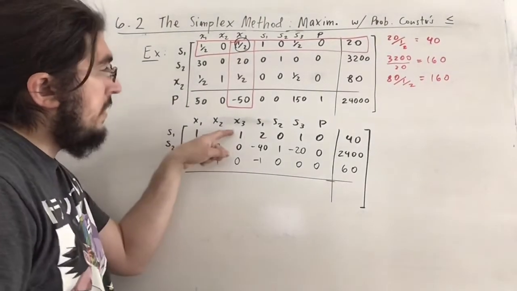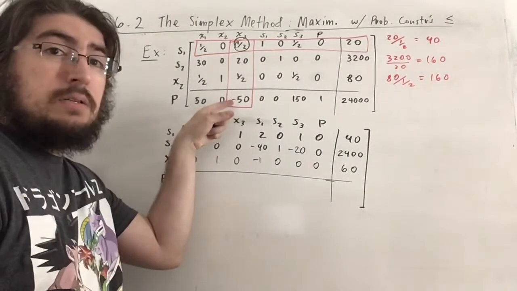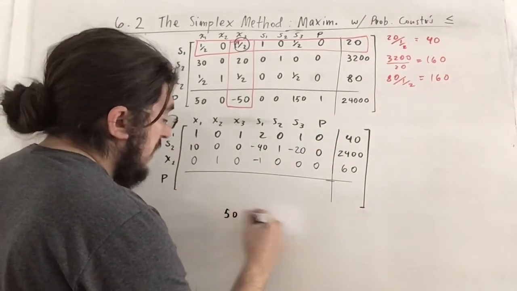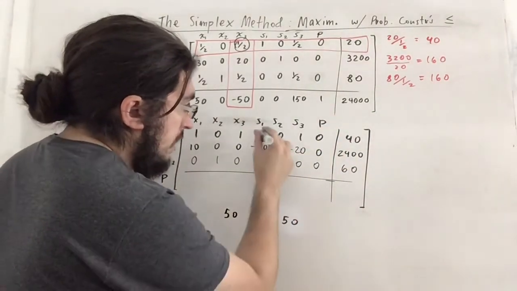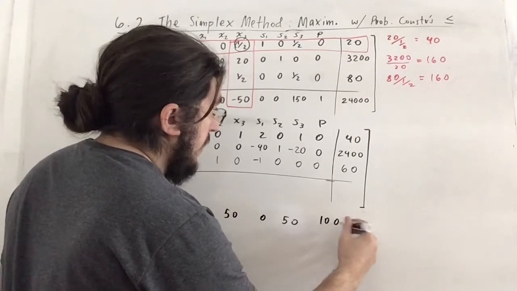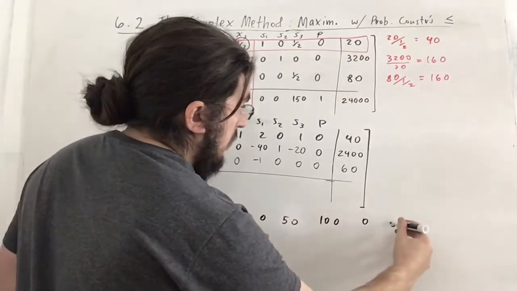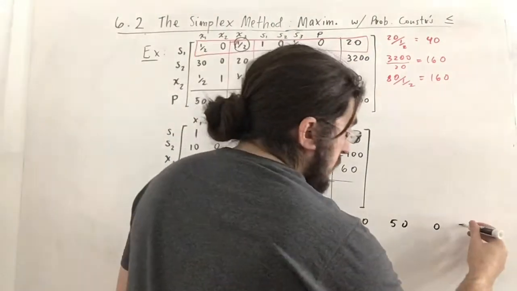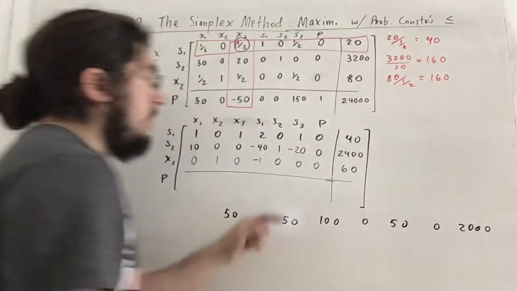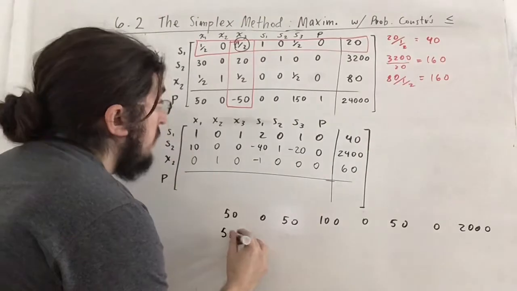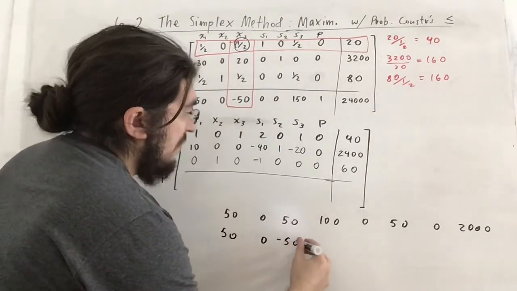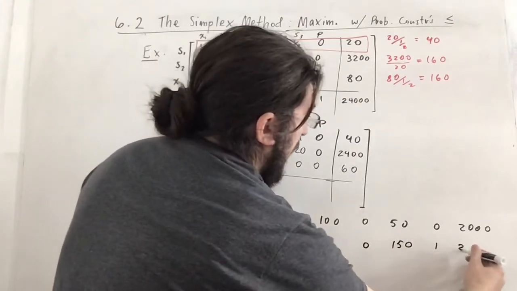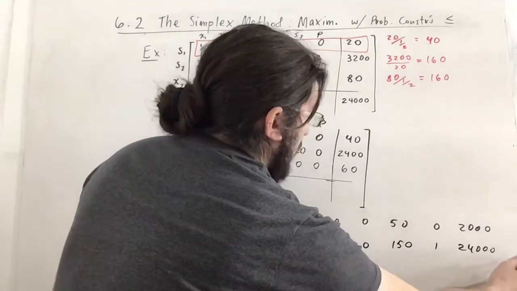Multiplying this 1 by 50 will allow us to cancel this negative 50 here. So multiplying the top row by 50 will give us 50, 0, 50, 2 times 50 is 100, 0, 50, 0, 50 times 40 is 2000. And now the original fourth row, 50, 0, negative 50, 0, 0, 150, 1, and 24,000.